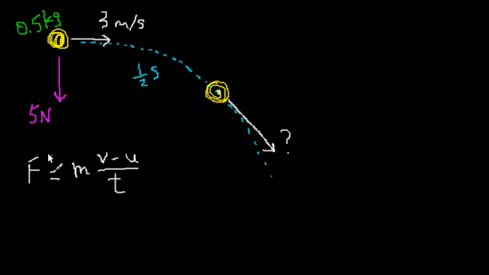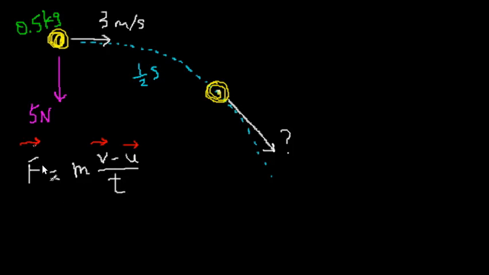Now remember what happens when there is direction. For v minus u, we must think of v and u as vectors. So it's vector minus vector, and the answer, well, after you divide by t and multiply by m, the force is also a vector.